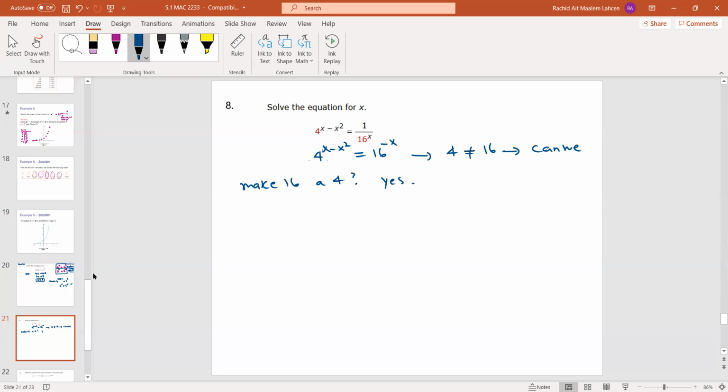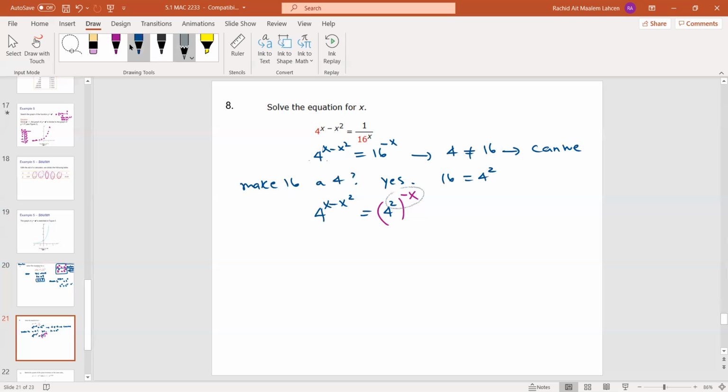Of course, yes. 16 is 4 squared. So instead of this, we can say that 16 is 4 squared, and this 4 squared has an exponent of negative x.